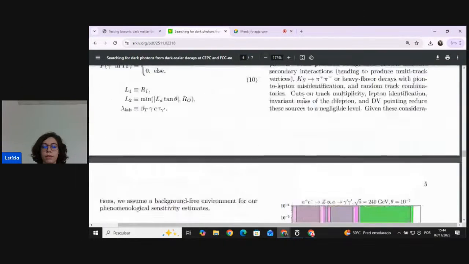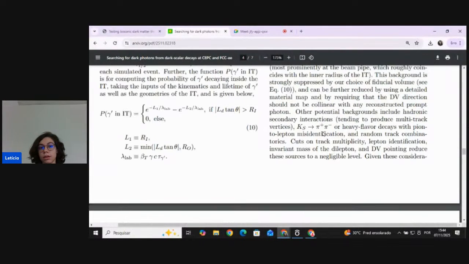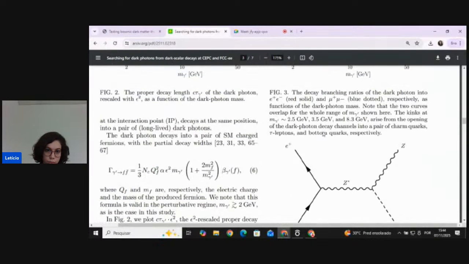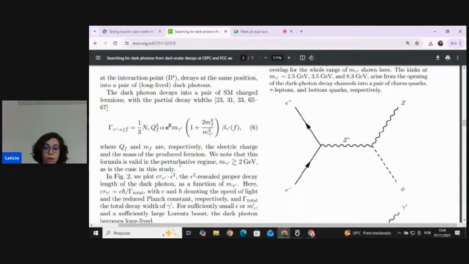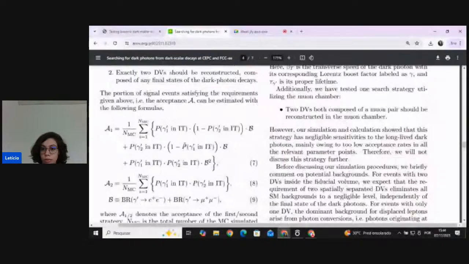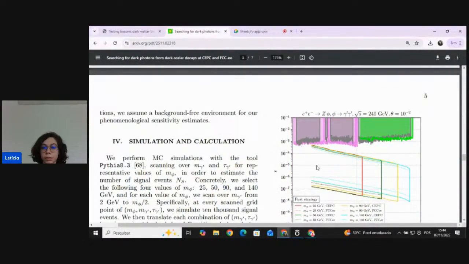I think we have a higher decay width value because it depends on the kinetic mixing. Let me just check here. Yes, it depends on the kinetic mixing squared. So it would decay too much and too rapidly, so it is not allowed by our standards, since we are looking for a displaced vertex.